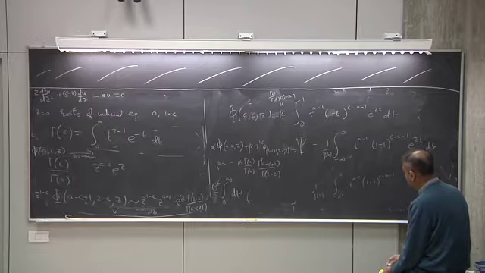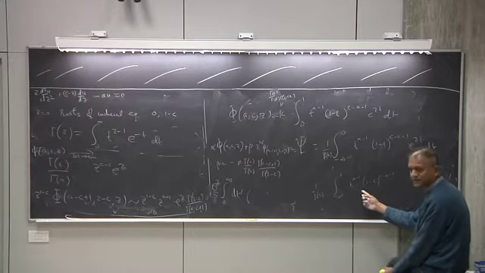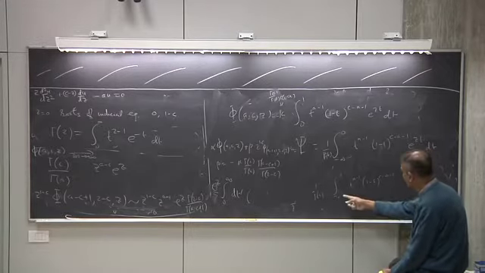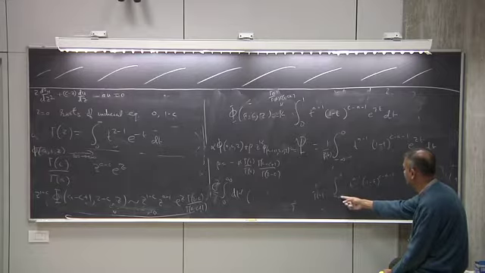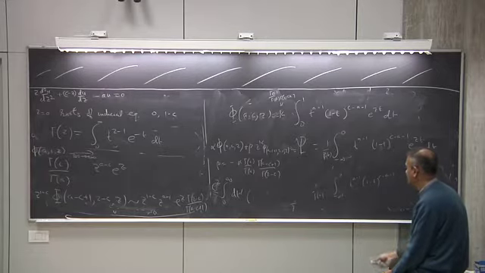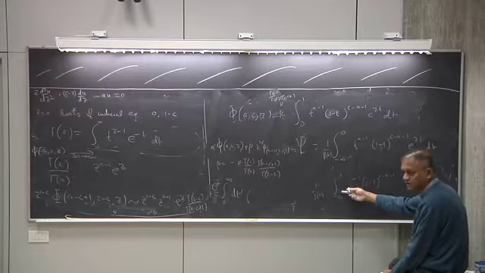This should be related to the beta function after all, right? For the beta function, the integral was 0 to 1. So I have to make some change of variable such that one of them stays 0 and the other goes to 1.